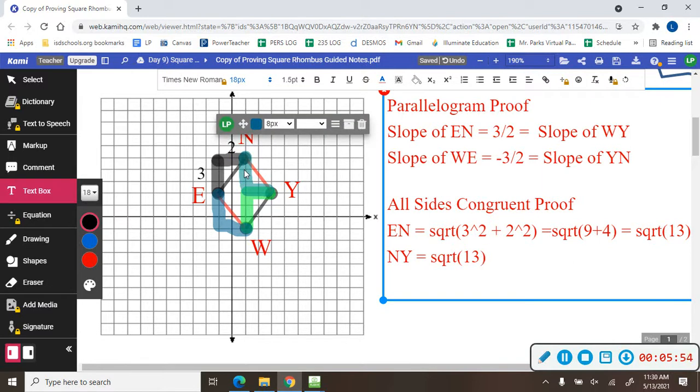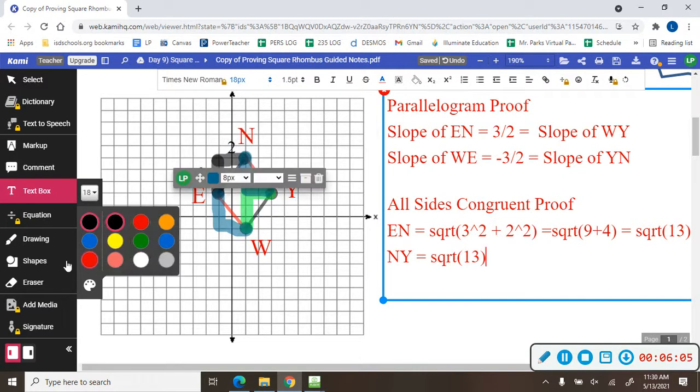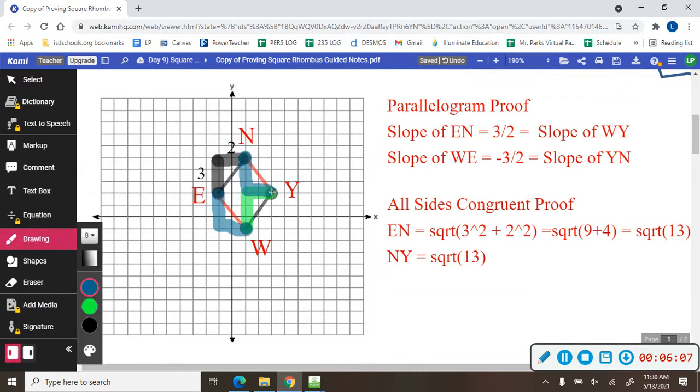Anytime you have a 3 by 2 right triangle with legs 3 and 2, the hypotenuse is going to be square root of 13. WY is also 3 by 2 to get the hypotenuse. And EW is 3 by 2 to get the hypotenuse.